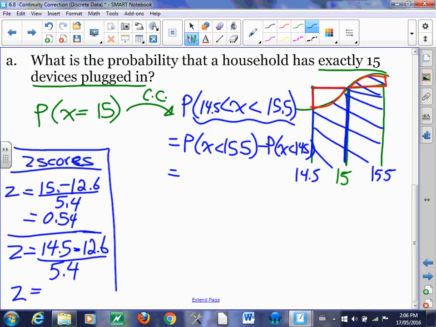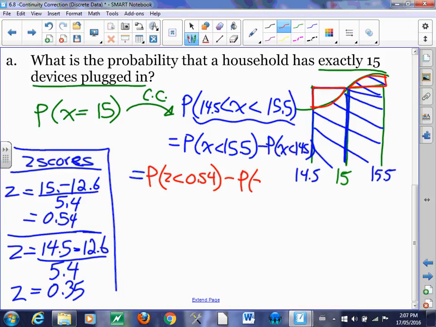All right, so you get the second z-score, and it was 0.35. So now, instead of using x's, we're going to use z-scores. I'm just going to move it over a bit more, have enough room. So replace the appropriate one, and then use your charts to look them up.